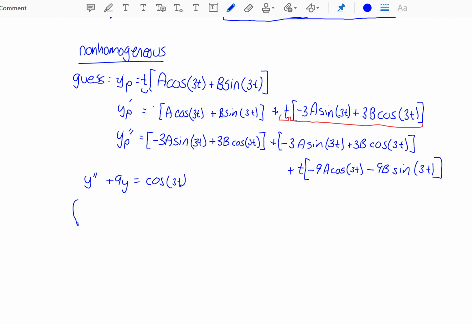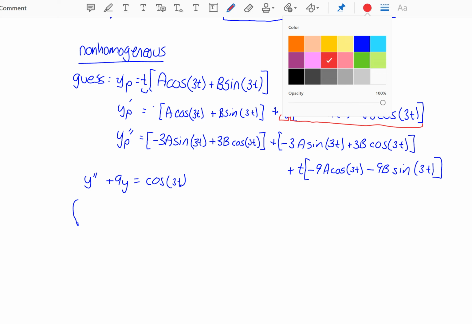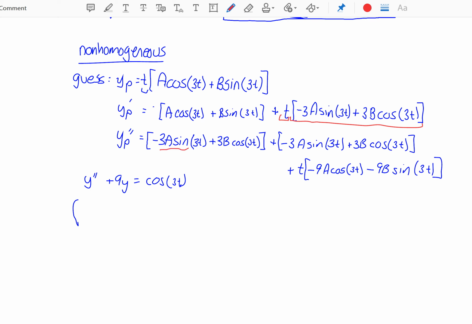So y double prime. Let's combine the sine terms here to get negative 6a sine 3t. Let's combine our cosine terms.